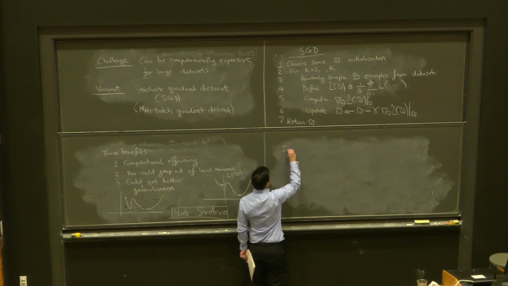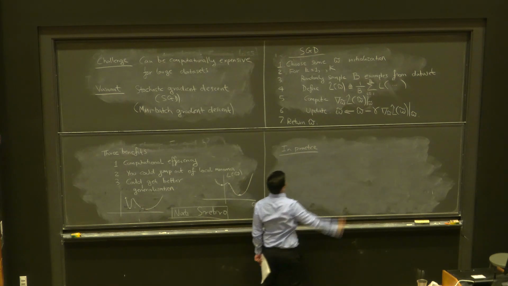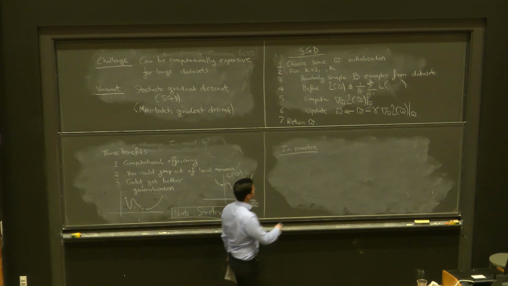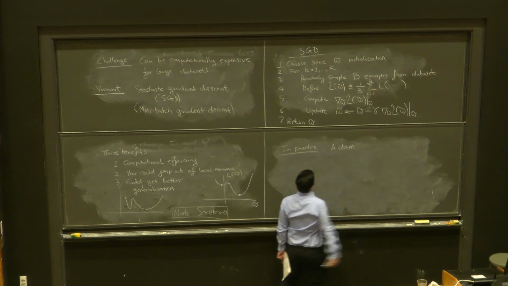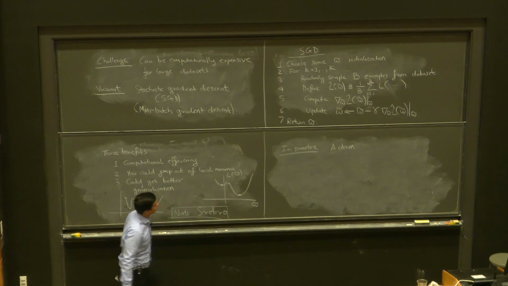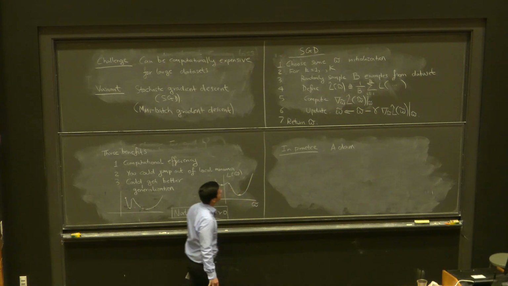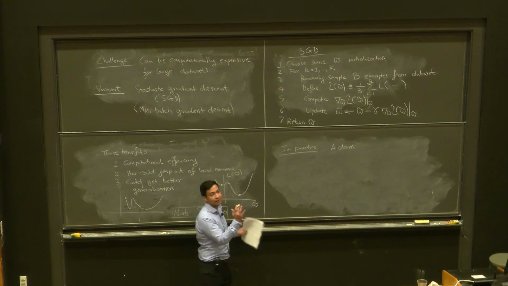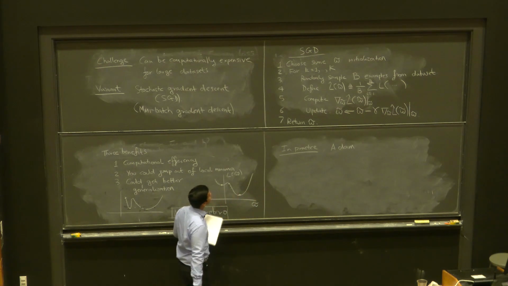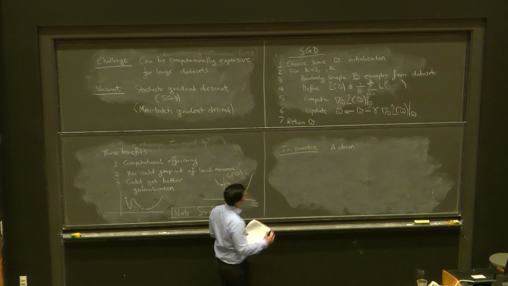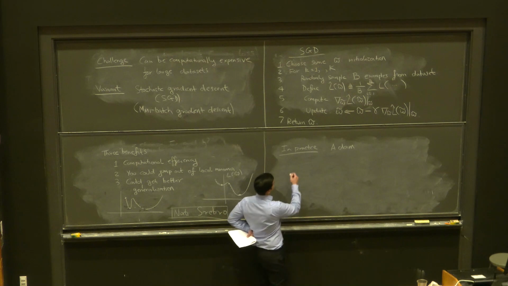In practice, the variant of stochastic gradient descent that is most widely used is called Adam. This algorithm was proposed maybe 7 or so years ago. If you look at the Adam paper, it has an absurd number of citations, tens of thousands. It's the most popular algorithm for doing optimization in deep learning.